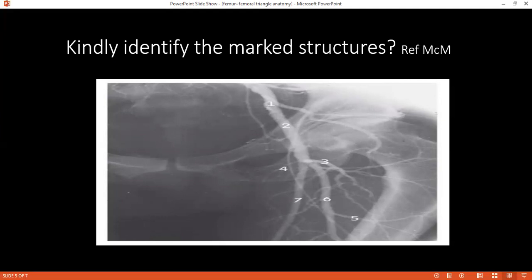Number 1 is external iliac, 2 is femoral, and 3 is profunda femoris. 6 is the profunda femoris, and 7 is superficial femoral.